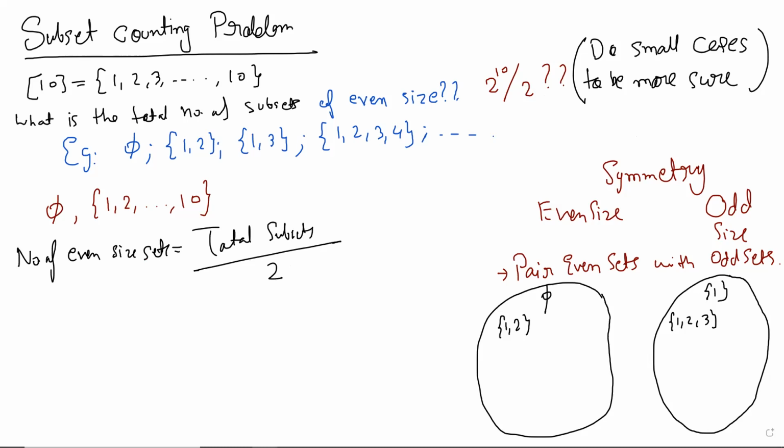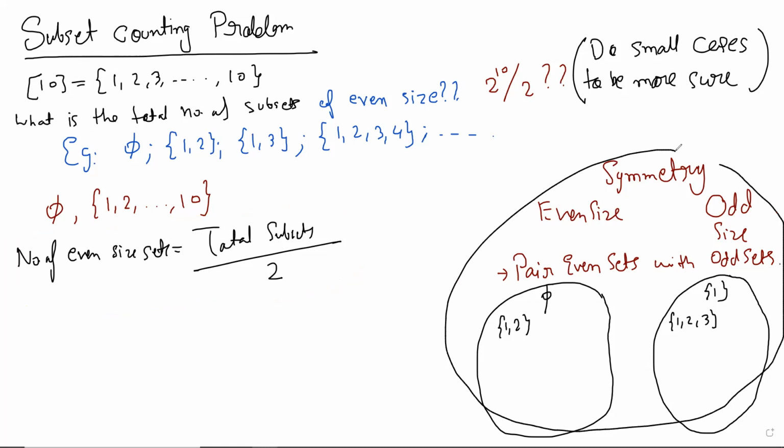Okay, if anybody doesn't see this intuitively, roughly speaking, even is not special compared to odd, right? And you can take some small cases and verify that it always comes out to be half. Now the job is to prove it. There is one idea here about symmetry and pairing that you guys can try, or there are other ideas.